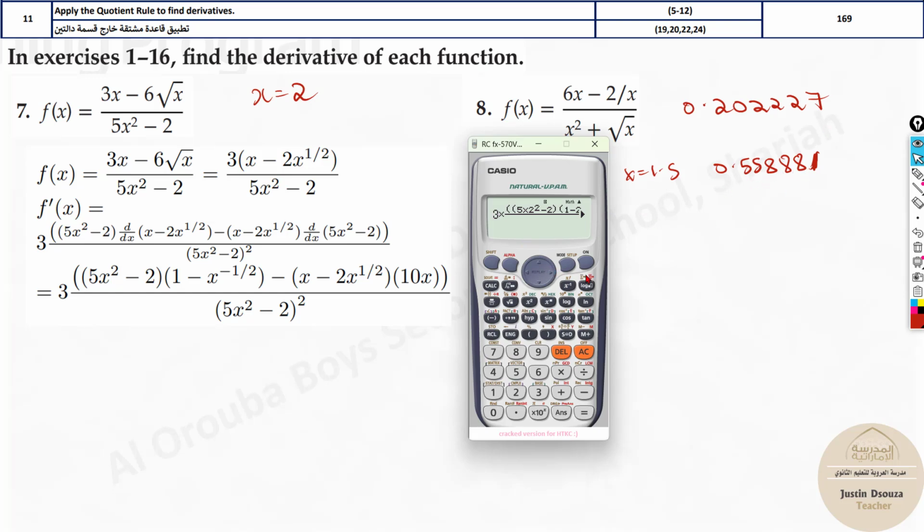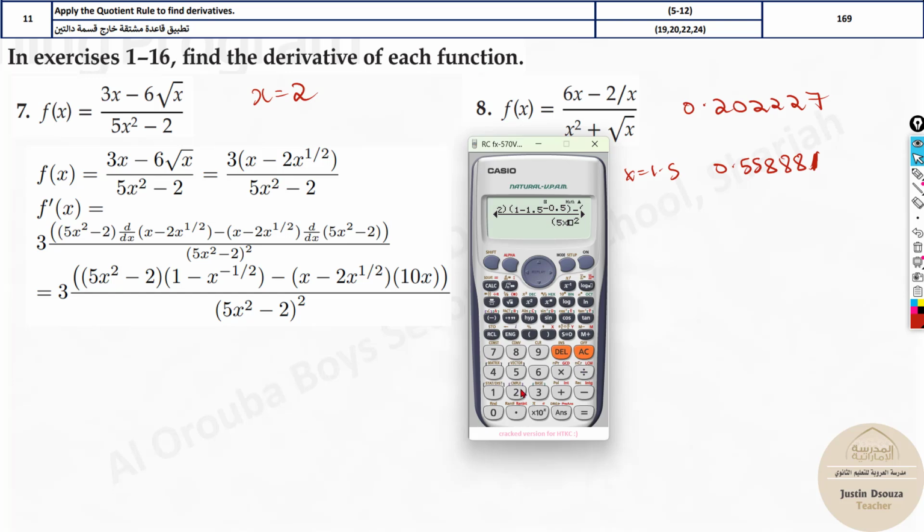We got 0.55881, right? Now, instead of the 2 we considered, I'll change it to 1.5 everywhere. So here it is 1.5, and over here the next value, instead of x it was 1.5, and then 2 multiplied by x, again it's 1.5, and lastly we have 10x, that is again 1.5.